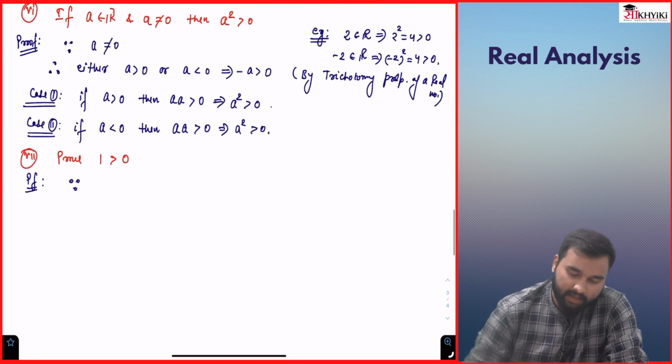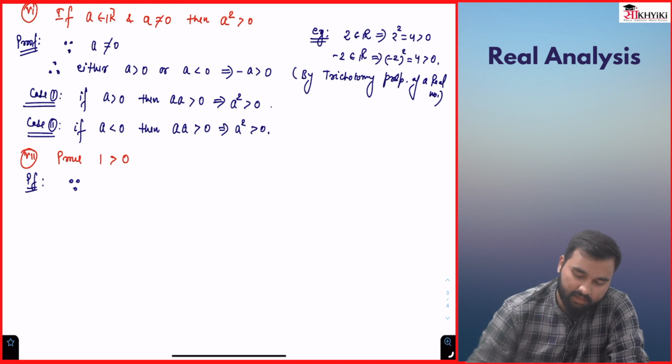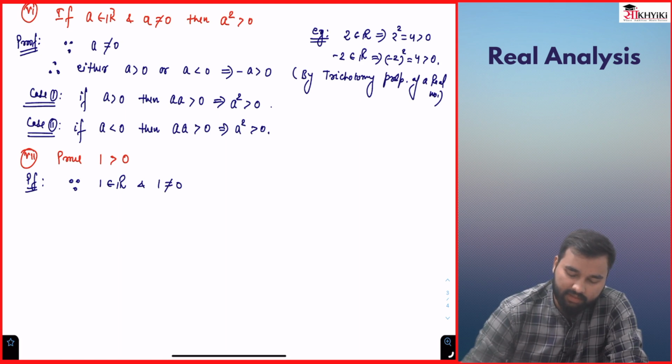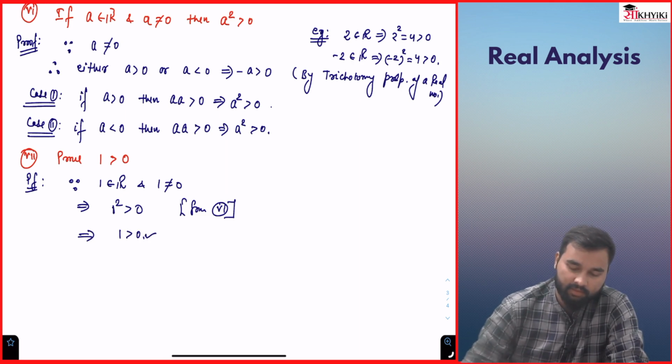But what was it telling us? That if A is a non-zero real number, then its square must be greater than 0. Since 1 is a real number, and we know that it is not 0, it is non-zero. So this implies its square must be greater than 0, from result 6th. And from here we have, 1 should be greater than 0.